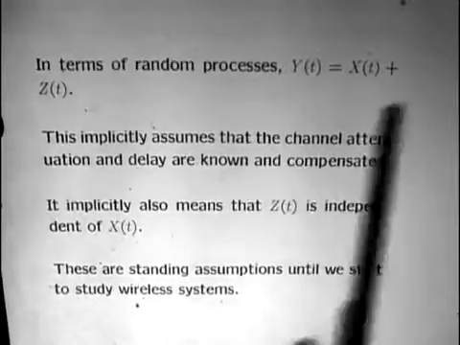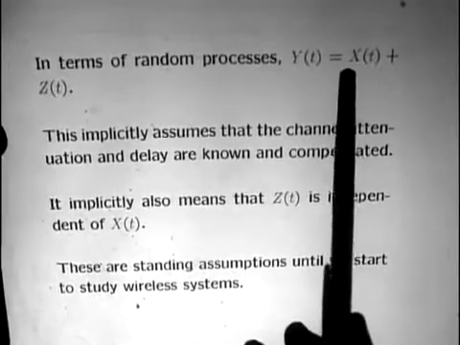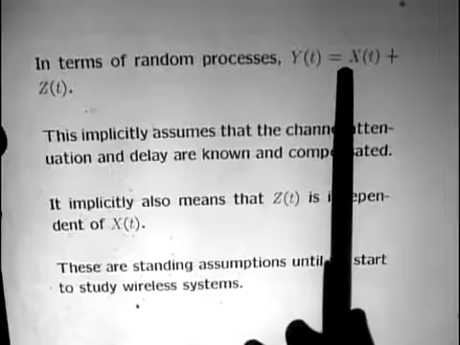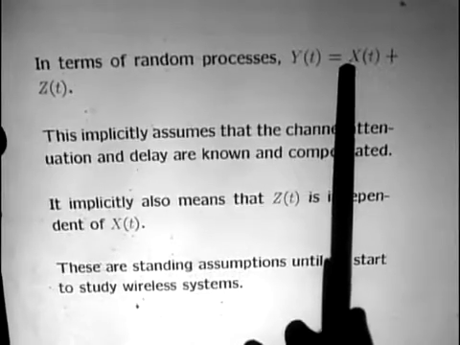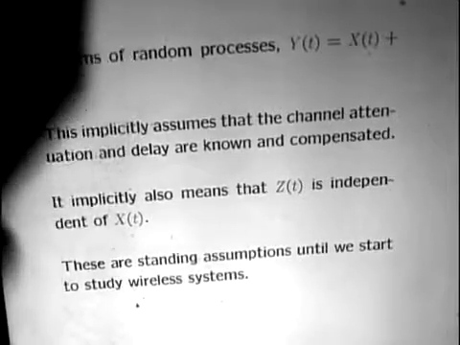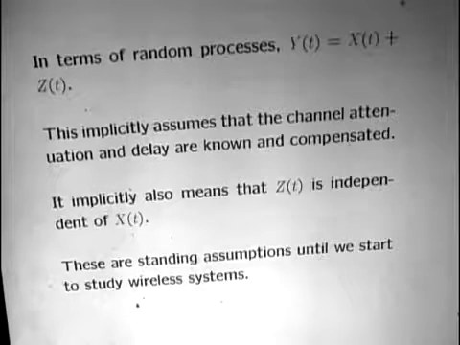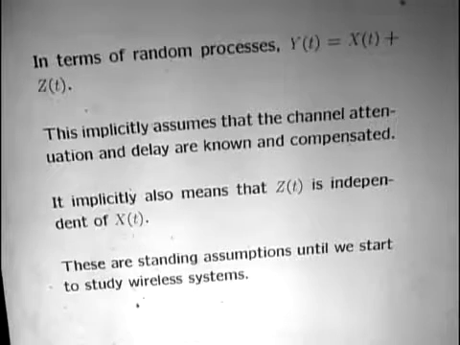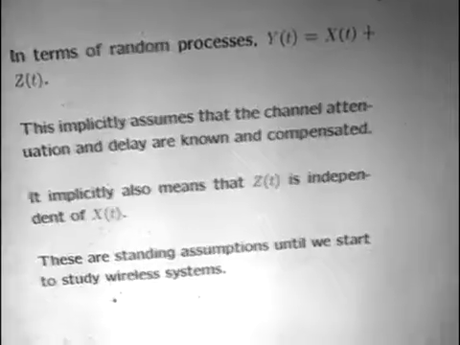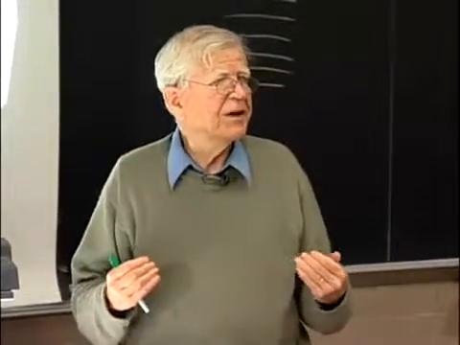Okay, one of the things that we're doing here is that we're avoiding all attenuation in what's being transmitted. You know, we've been doing that all along. We've been talking about received waveforms as being equal to the transmitted waveform, which means that we're assuming that the receiver knows what the attenuation is, and if it knows what the attenuation is, there's no point in us putting in this scale factor everywhere.